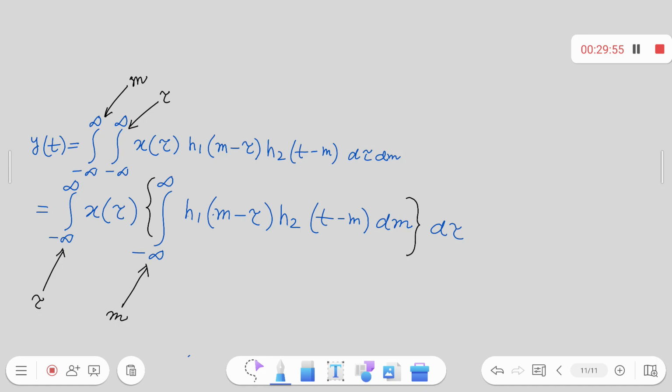So now what you can do is change the variable. Which variable should I select over there? I have to replace one variable by another.